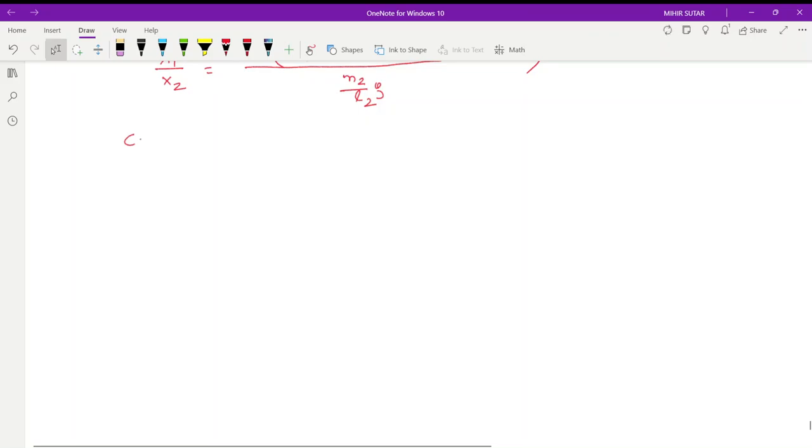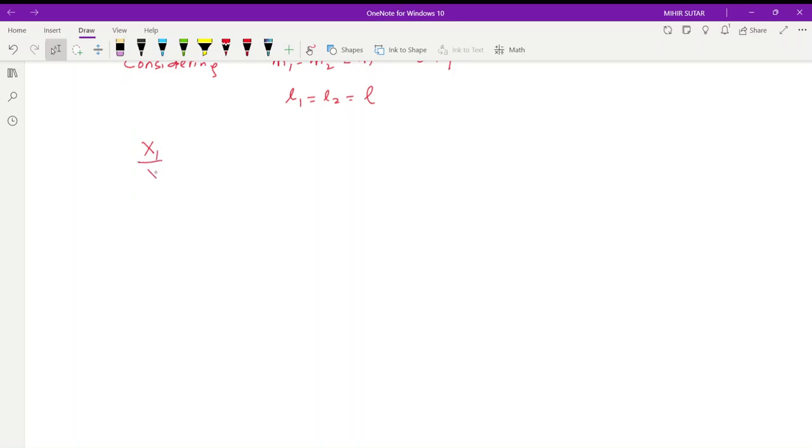Now considering m1 is equal to m2 is equal to m, and L1 is equal to L2 is equal to L, we have the ratio X1 by X2 can be written as g by L divided by (3g by L minus omega square).